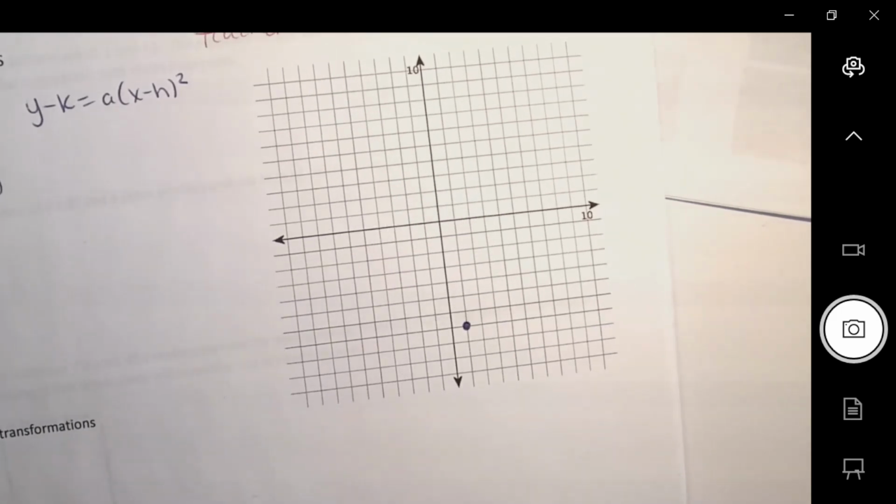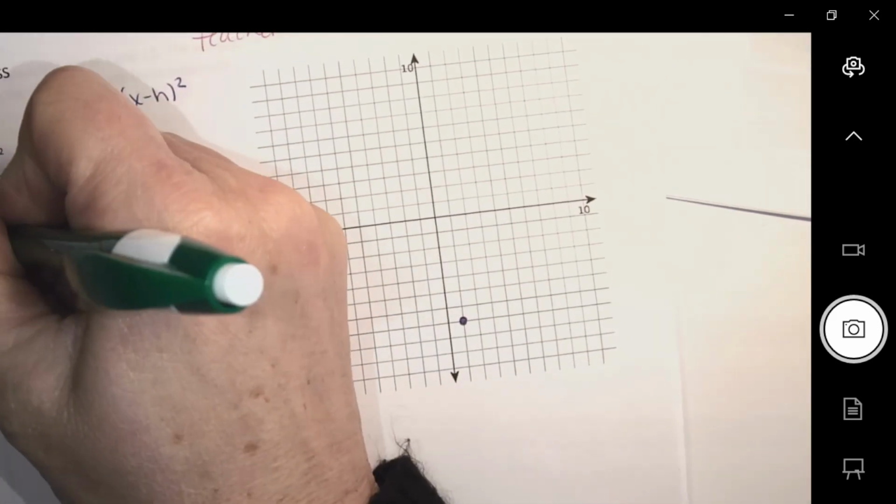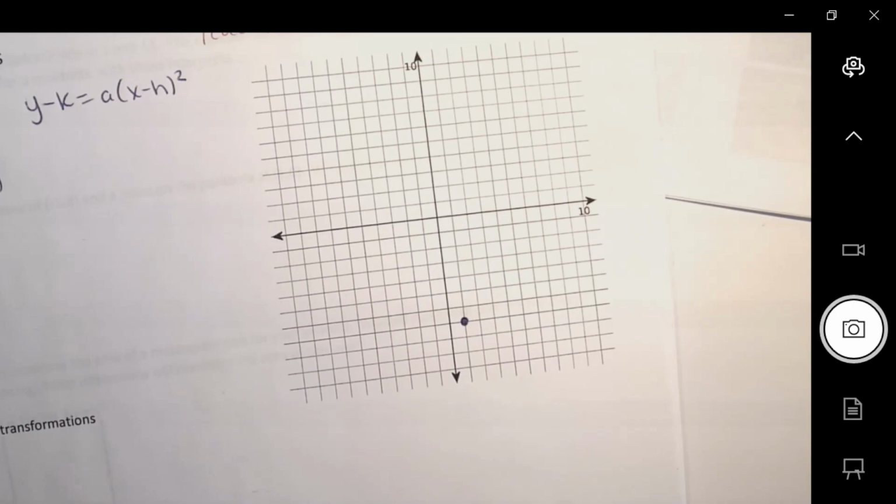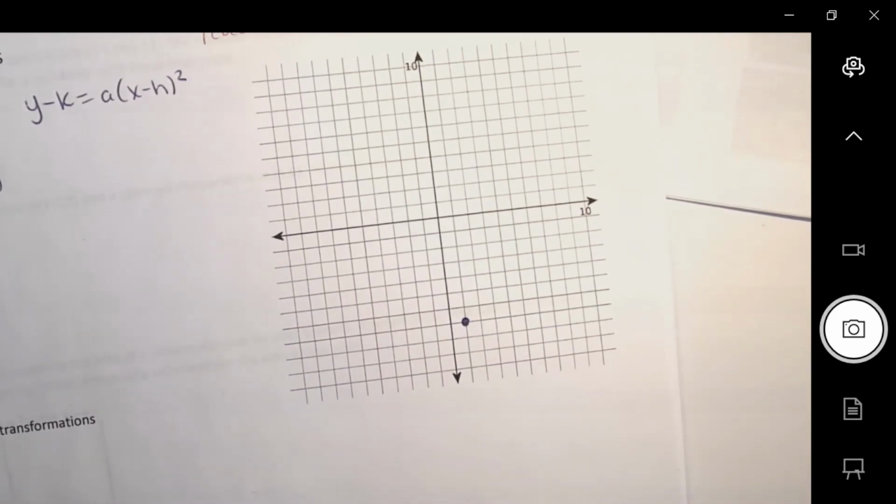The slope number is what value? The 2. It's the multiplier number. So 2 is the slope. Therefore, which direction does it go? If that number is positive, then it's going to be opening upward.